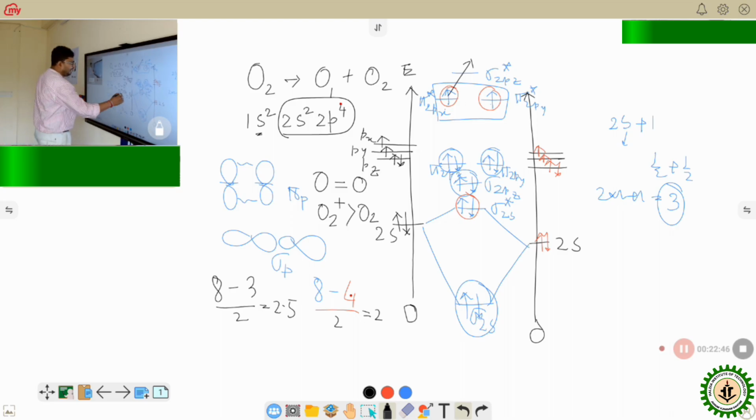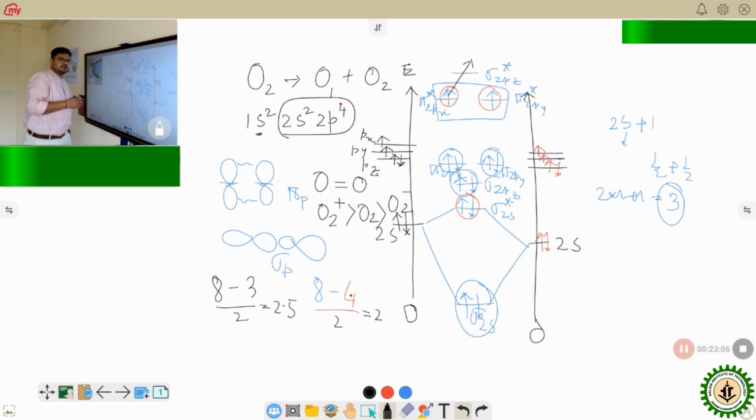Similarly, if I have O2 minus, then I can ask the question why O2 minus has a lower bond order than oxygen. Minus means I need 1 extra electron. So where will this extra electron come?